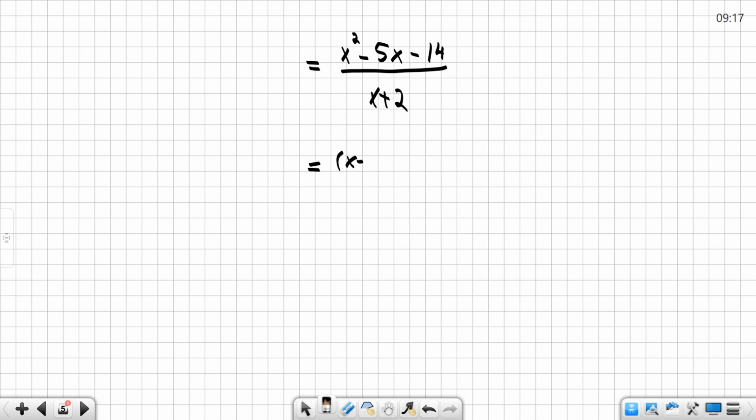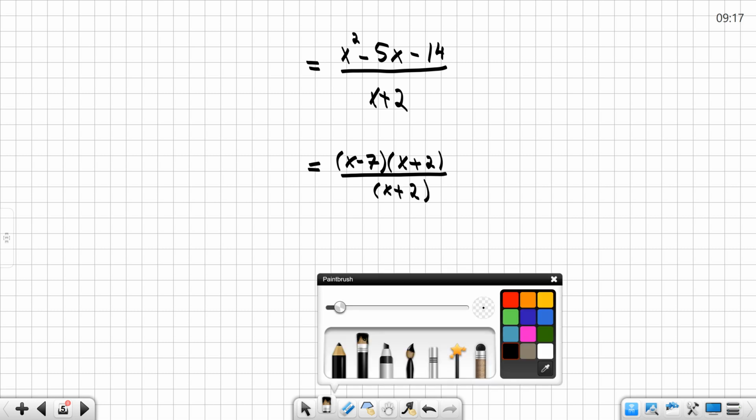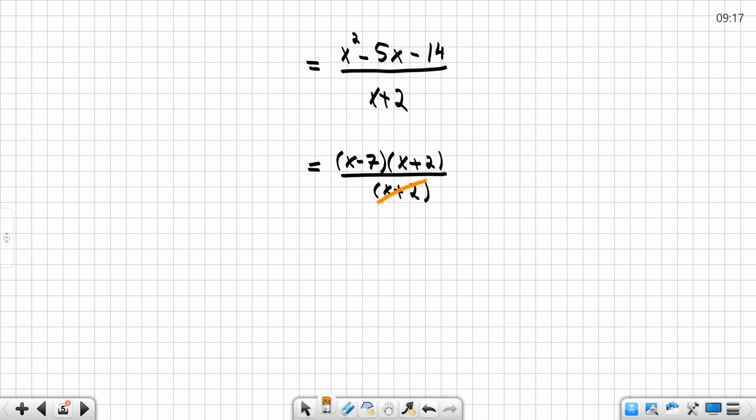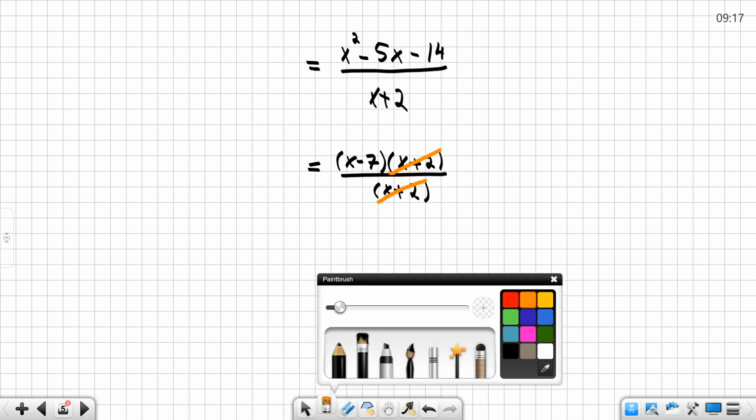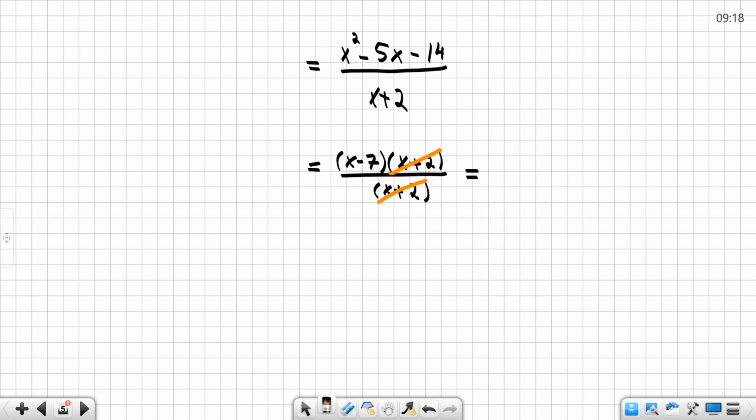That would be (x minus 7) times (x plus 2). And now I have my factor of x plus 2 in the denominator. This factor cancels out, and what I'm left with is just x minus 7. I can just write it like this because the x minus 7 is in the numerator.